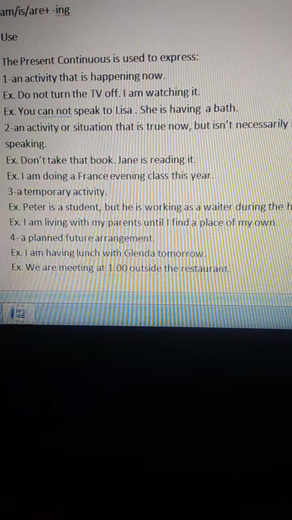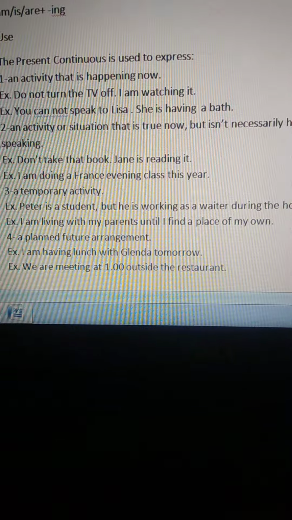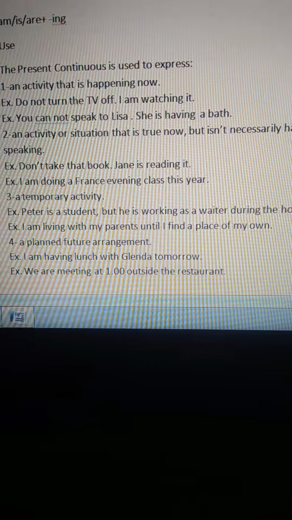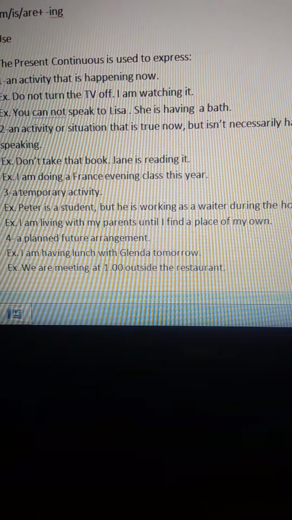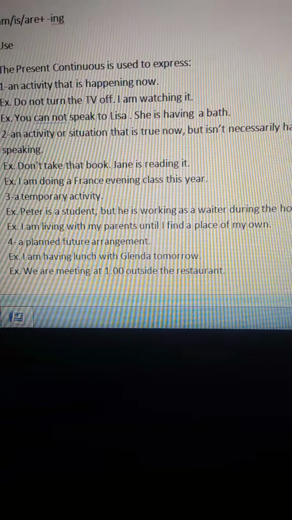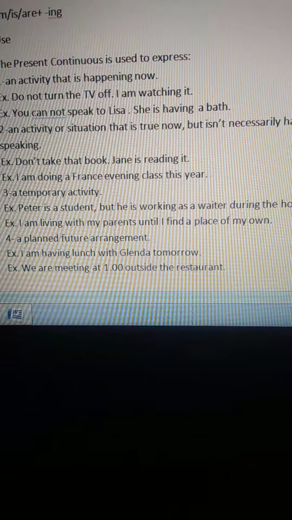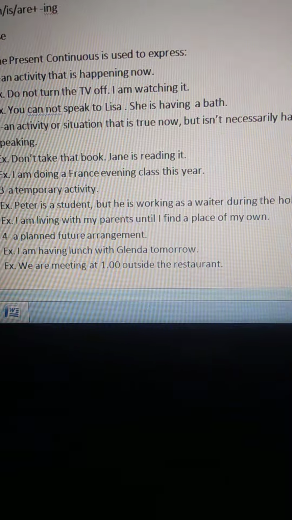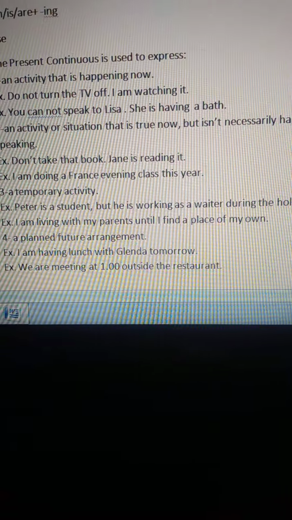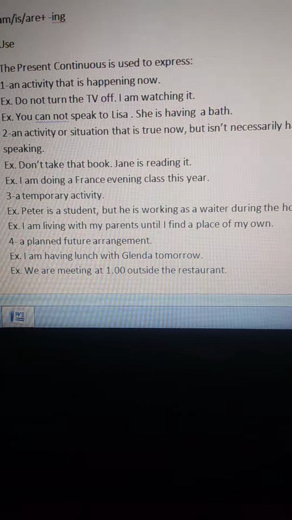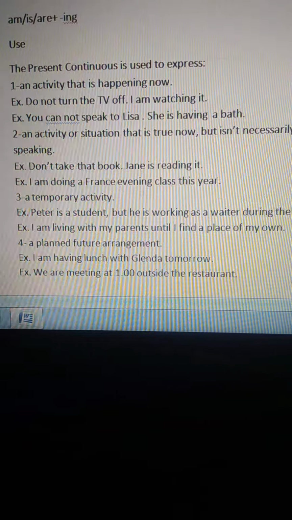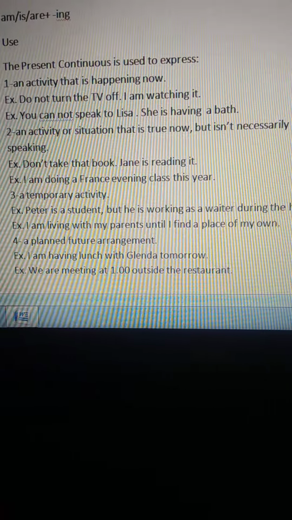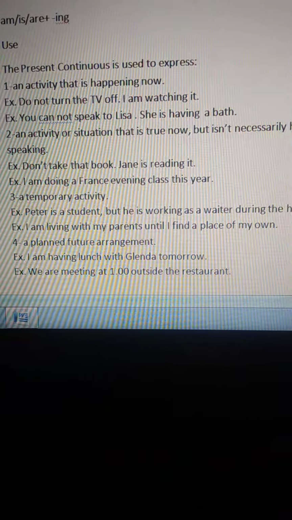The first sentence: Don't turn the TV off. I am watching it. Subject, auxiliary verb, verb plus ing. The second sentence: You can't speak to Lisa.